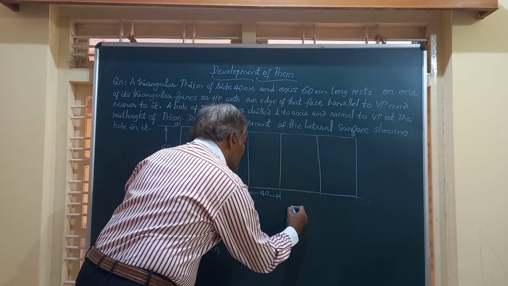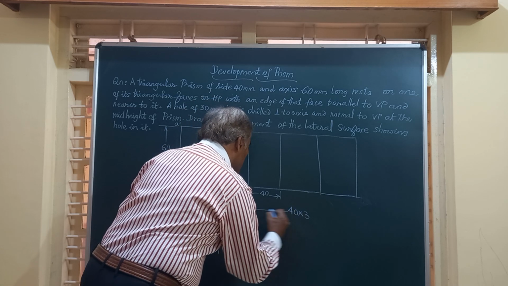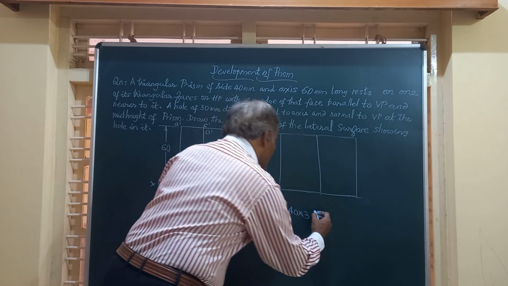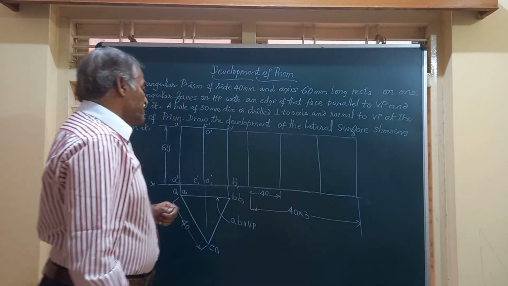The total length is 40 into 3, because it is a triangular prism. If it were a square prism, we would have marked it as 40 into 4.